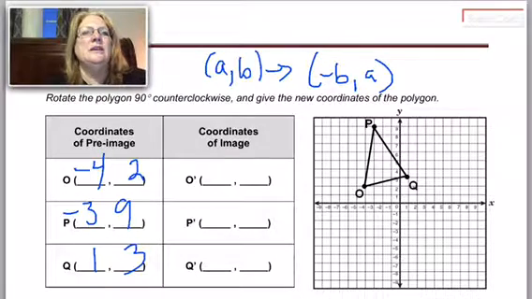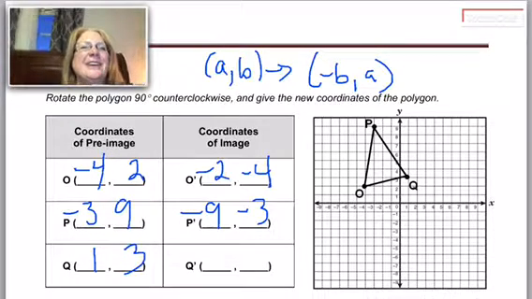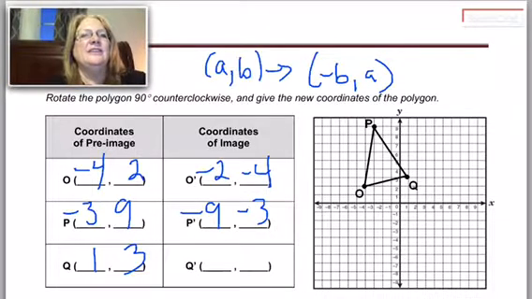So this would be (-2, -4), and then (-9, -3), and then (-3, 1).